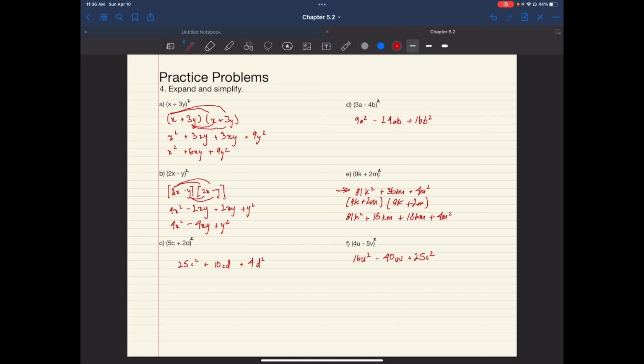Bottom one, F here, 4u minus 5v times 4u minus 5v, 16u squared minus 20uv minus 20uv plus 25v squared. Combine like terms and same thing. We end up with that.